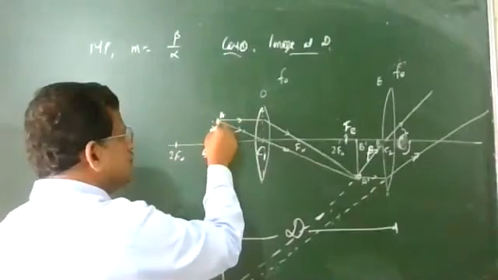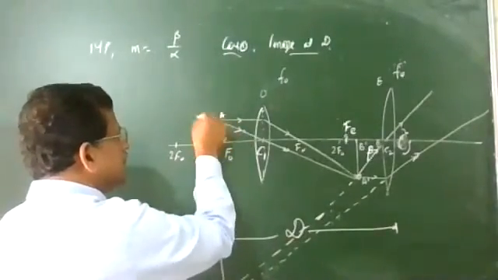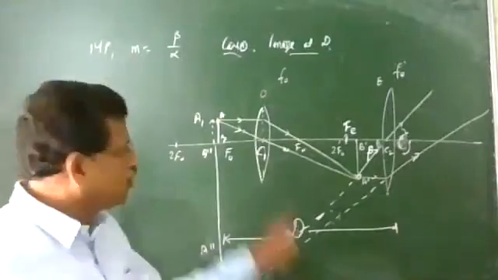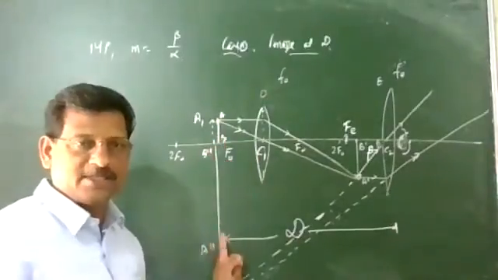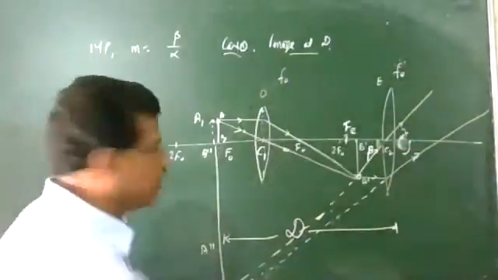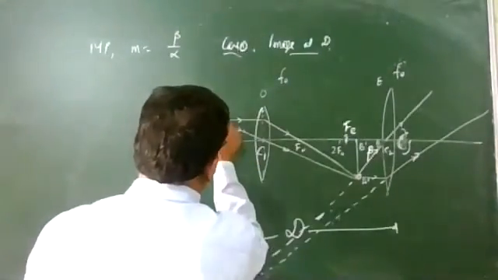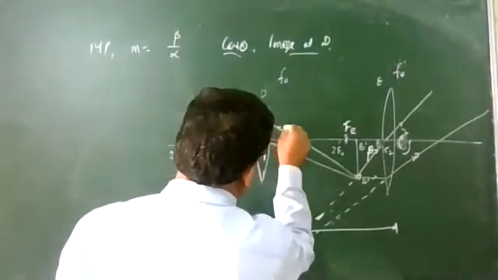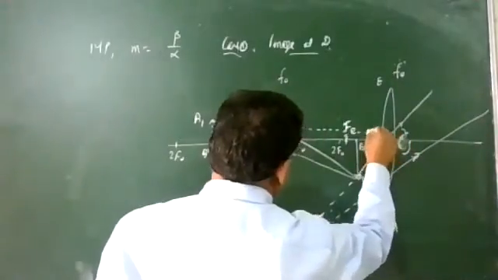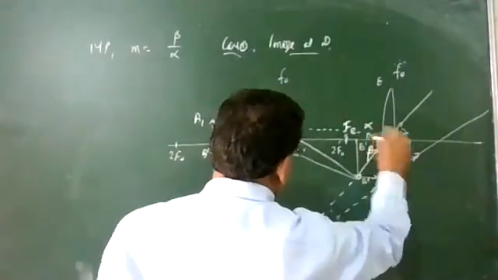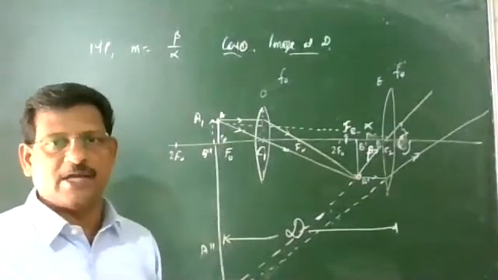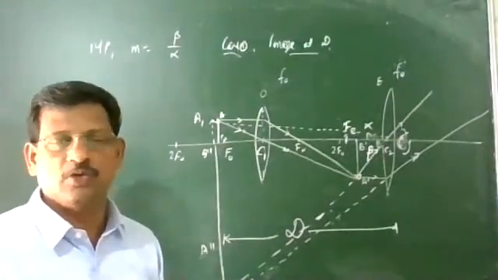Notice you have to move the object here to the point I mark here, A1, not A. So the object also should be at the least distance of distinct vision. From here, let the object make an angle. So draw a line from the center. This angle is alpha. So alpha and beta are marked at the optical center of the eye lens, and your eye is very close to the eye lens.